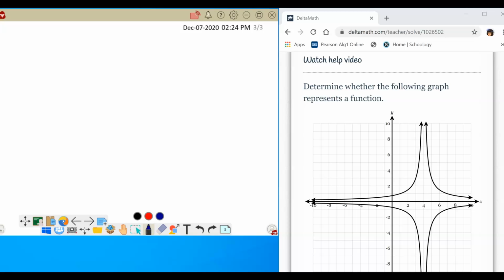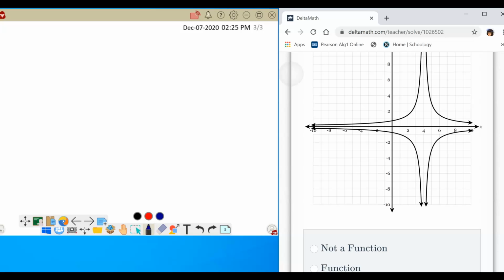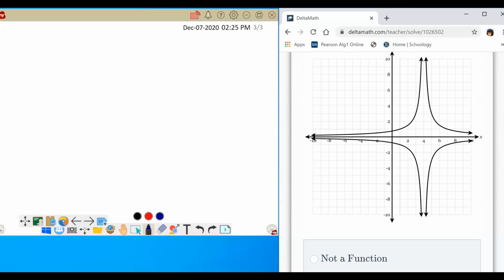Before we go on to the next section of function basics, I want to show you an example of a relation that is not a function. Okay? Look at this. You will see that if you drew vertical lines through this graph, you would see that for every x, there's two y's, right?